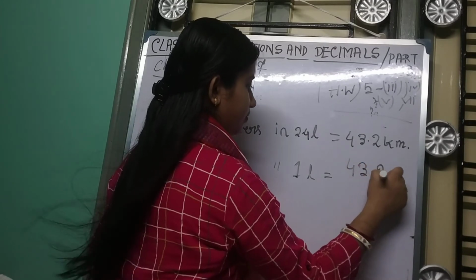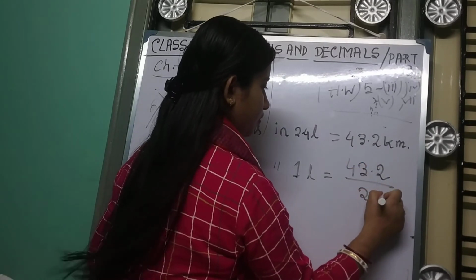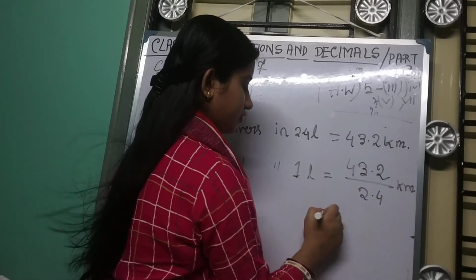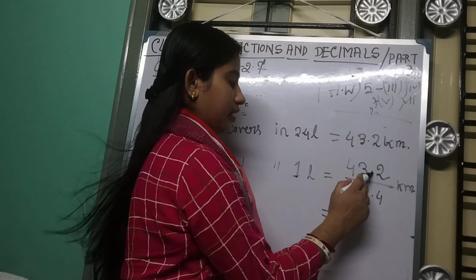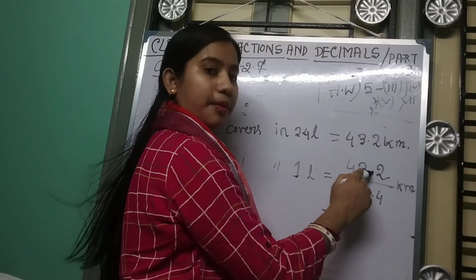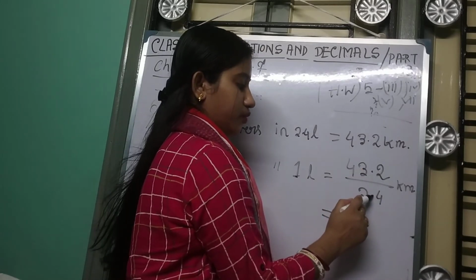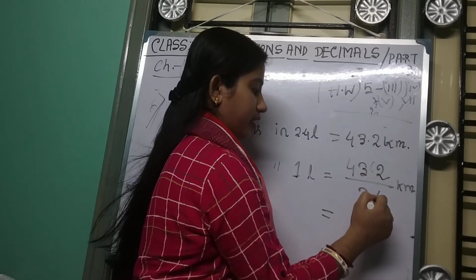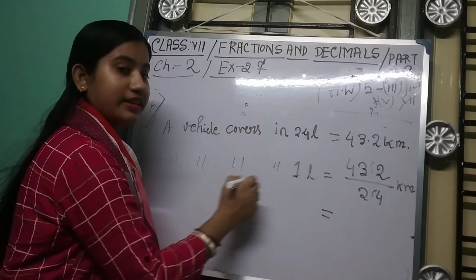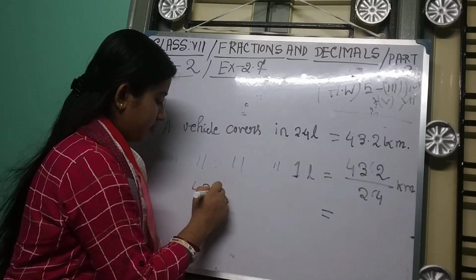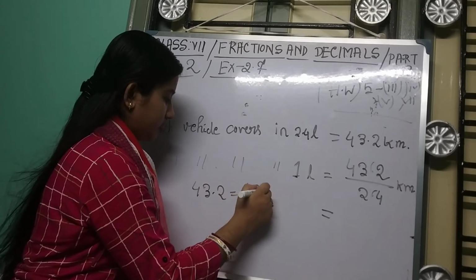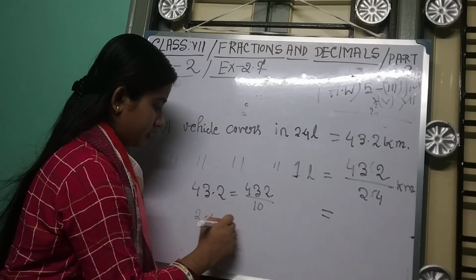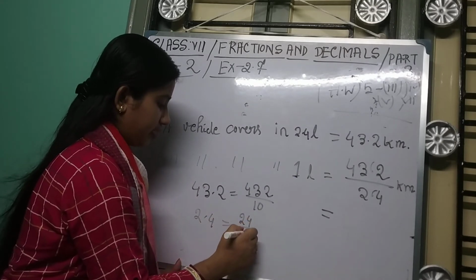So 43.2 by 2.4 kilometers. Here is 1 number after the decimal and here is 1 number after the decimal, so we cancel the decimal point, because 43.2 equals 432 by 10 and 2.4 equals 24 by 10.